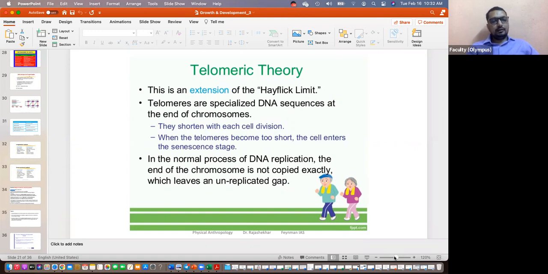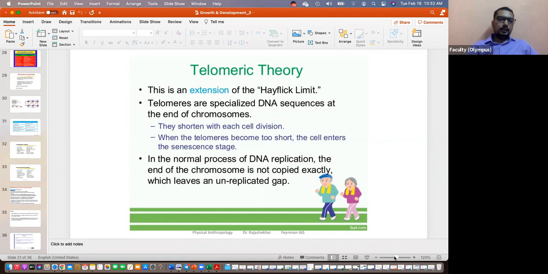Here, as I was already telling you, one of the factors for biological aging is that the ends of the chromosomes tend to become shorter and shorter in every replication cycle. So what did scientists notice? Over a period of time, as we age, the size of the chromosomes decreases, and especially the tips of the chromosomes become shortened.